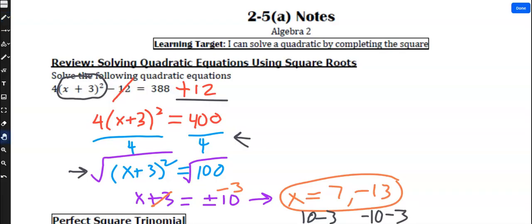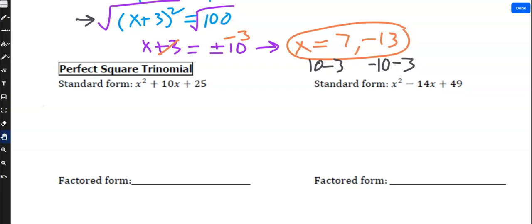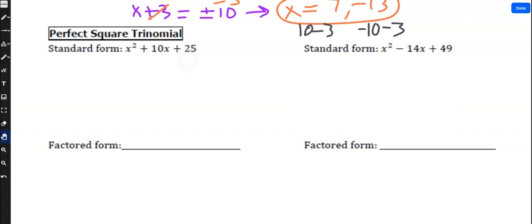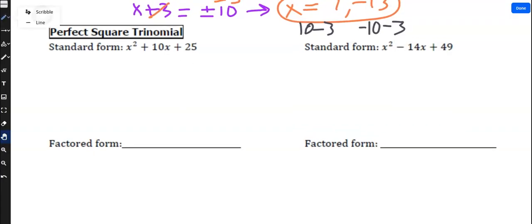But that's just review. Now, how do I take this thing and factor it? Well, remember, they have to multiply together to give me 25 and add up to 10. So that would be x plus 5 and x plus 5.